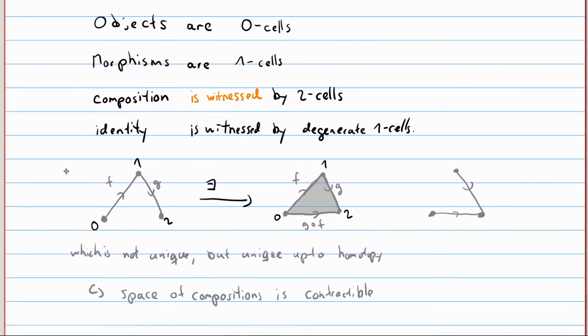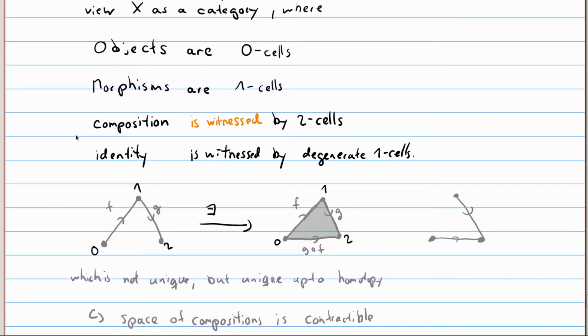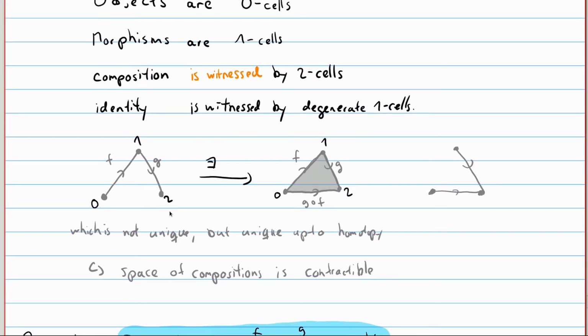So let's talk about why they are not strictly seen as categories in this fashion. It's because composition is not generally unique. If you remember this weak Kan condition, it says that given this horn, there must exist some filler, but not a unique filler.